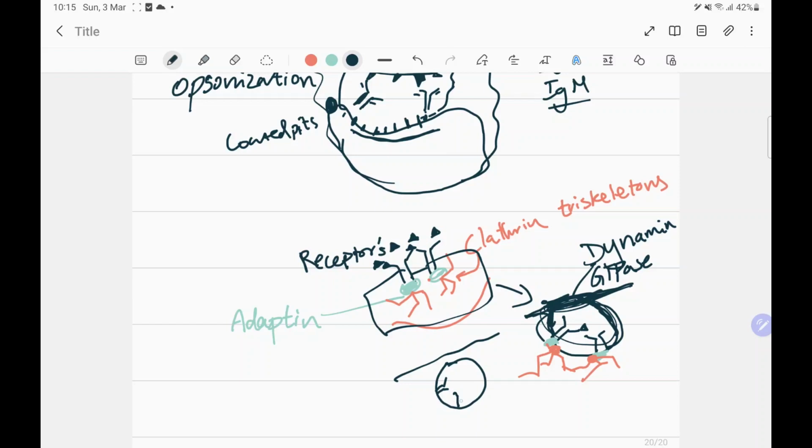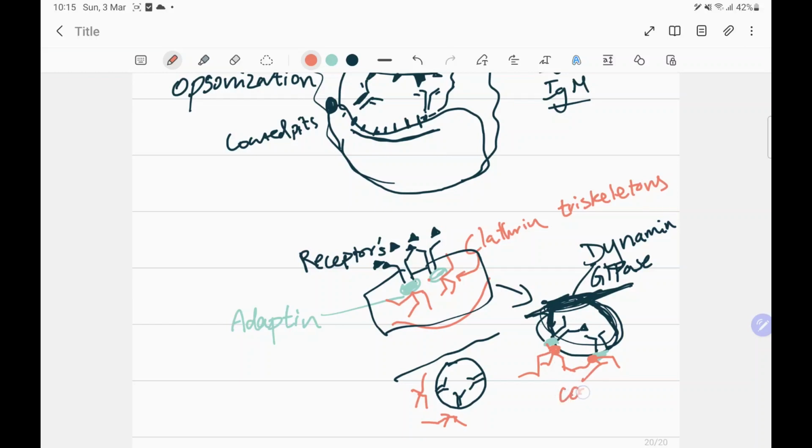And the clathrin eventually says, okay, my job's done, I'm just going to dissociate from this place. So it will break off and recycle itself and bind to the next bunch of receptors. So what was a coated vesicle eventually becomes uncoated.